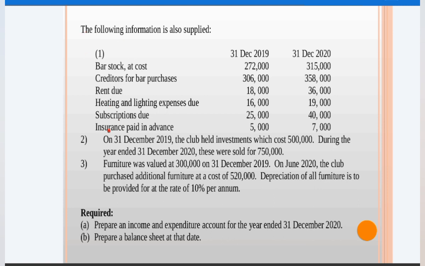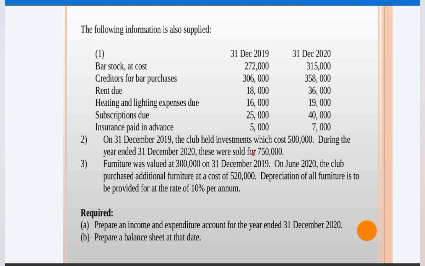So that is information number one. Then information number two: we are told on 31st December 2019, that is at the start of the current year, the club held investments which cost 500,000. During that year, the investments were sold for 750,000.